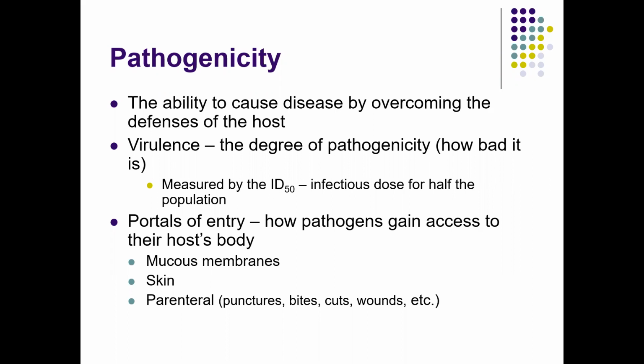All of those things are designed to be the guards of the portals of entry, right? So your skin, your mucous membranes, keep the bad guys out, okay? That's the whole job of non-specific immunity: keeping the bad guys out, preventing you from getting sick.